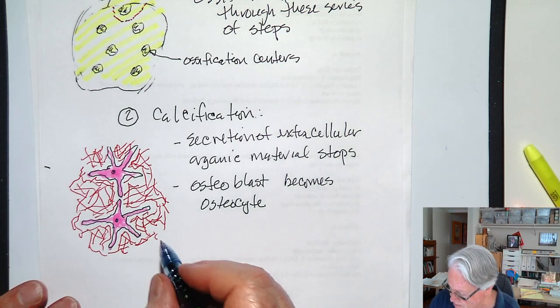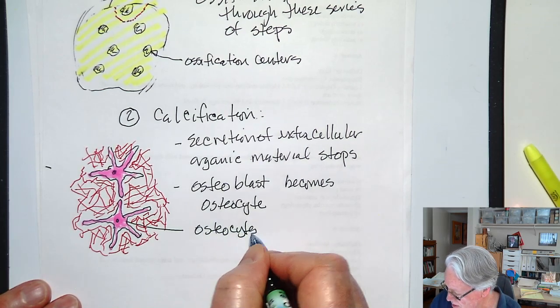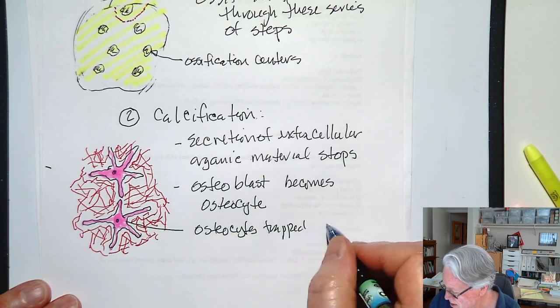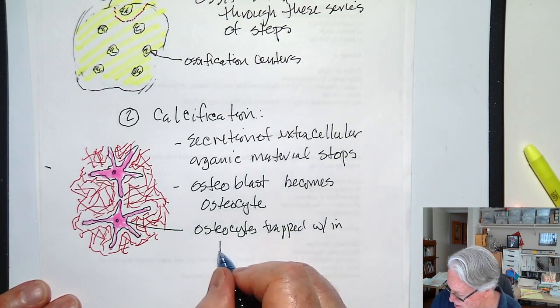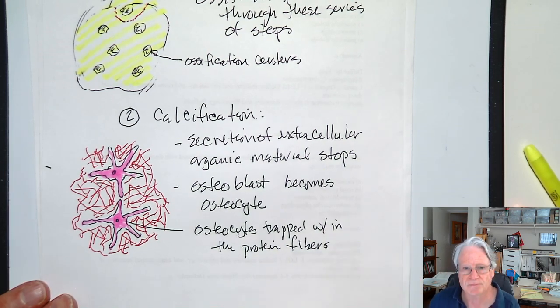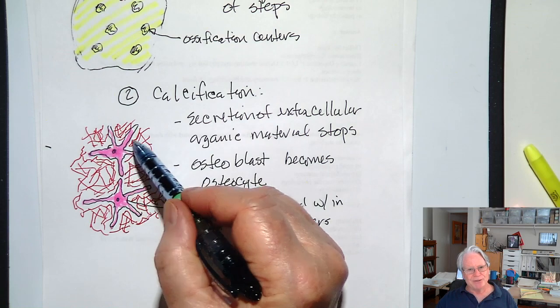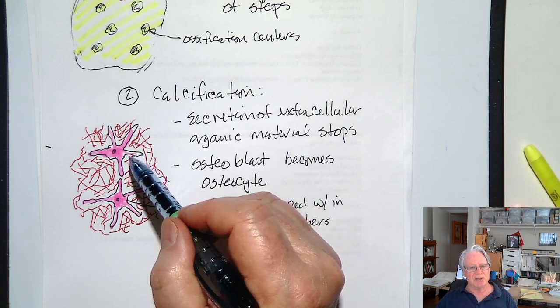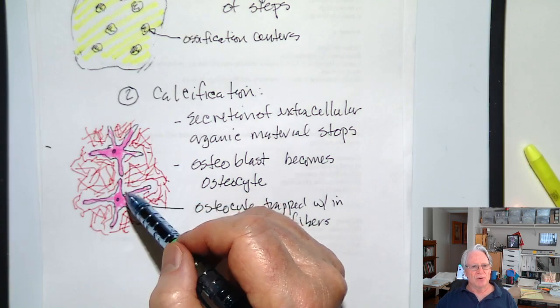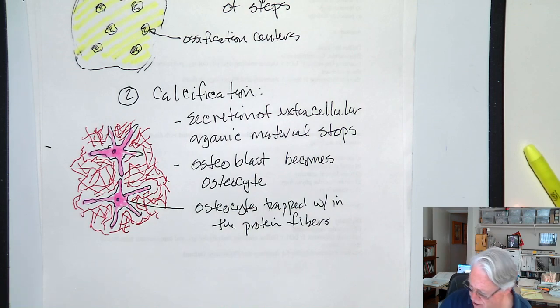So now we can describe these as osteocytes trapped within the protein fibers. Now we'll start to lay down the calcified salts, and it'll just fill in the spaces. You'll notice that the pattern of the cell, with the extensions and the space for those extensions to touch one another, is already there before we added the mineralized salts.